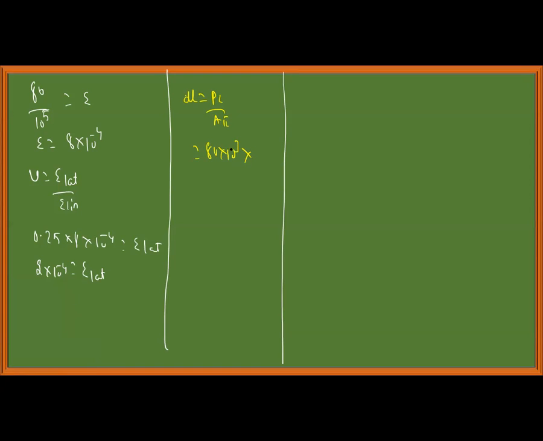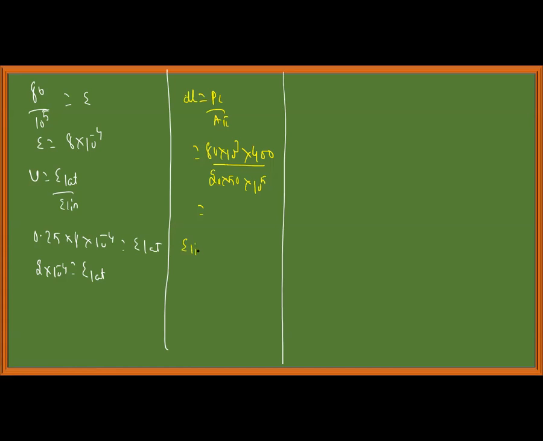Length is 400 mm. Area of cross section is B into T, 20 into 50. Or, since we know epsilon, this is the easiest way.